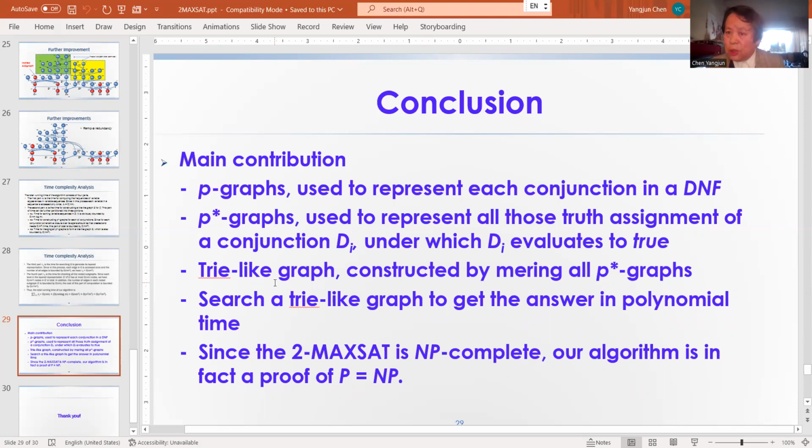By using this layered representation, we can solve the two-mass-sort problem very efficiently, just in polynomial time. Because the two-mass-sort problem is NP-complete, our algorithm discussed in this talk is in fact a proof of NP equal to P.